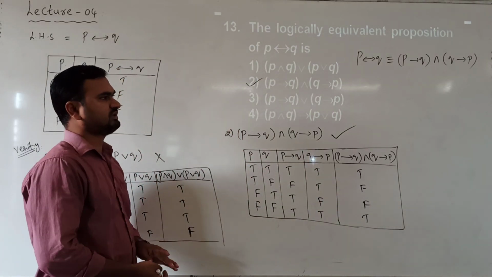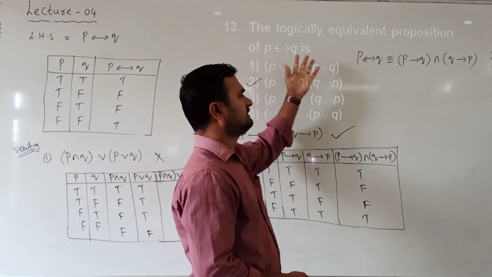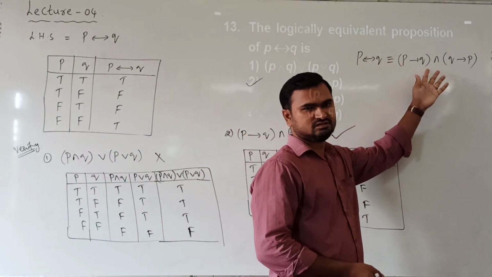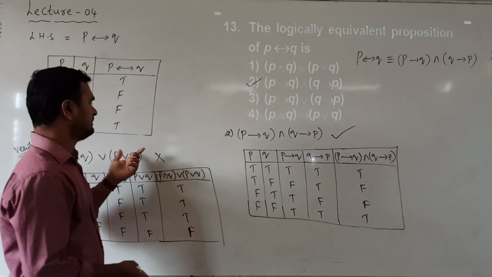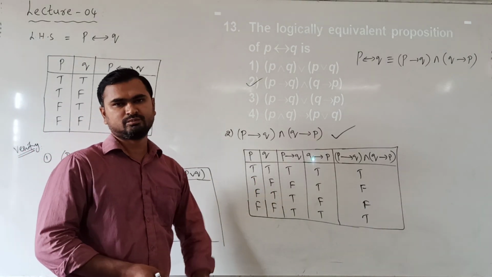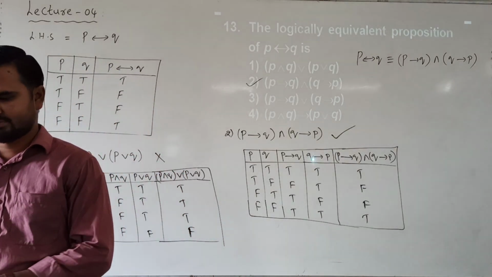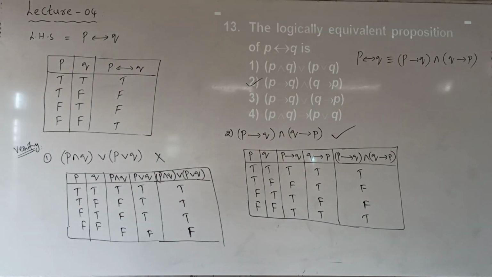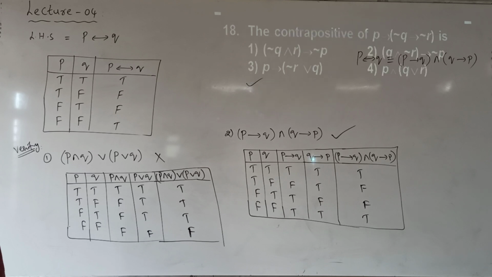If you don't remember the formula, or it is difficult to write the direct answer, then we use truth tables for checking logical equivalence of propositions. Let us see the next question.